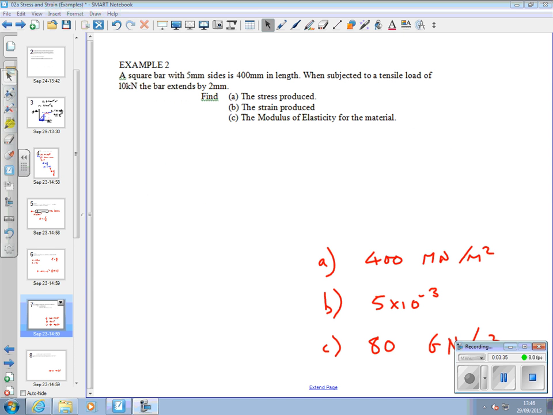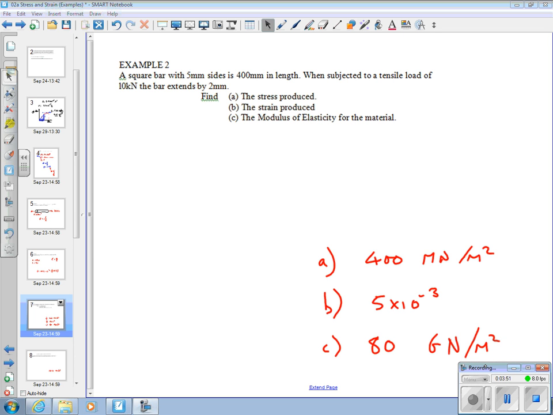How about this one? So again, there are the questions A, B and C. Find the stress, the strain and the modulus of elasticity, Young modulus. And there are the answers. I'll just pause this for a little while, let you have a go at it, and then we'll look at it together just to check you're okay with it.